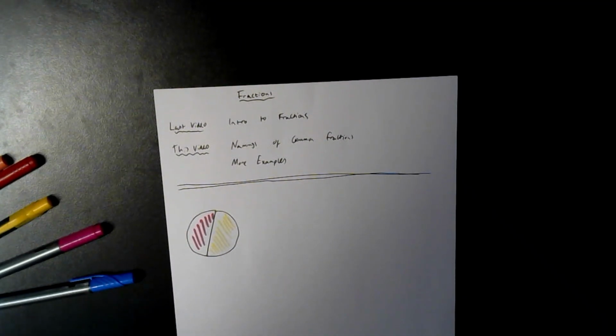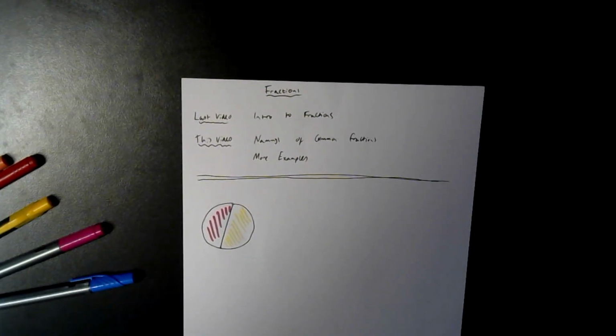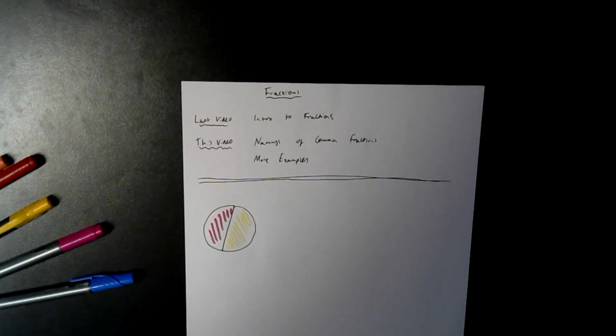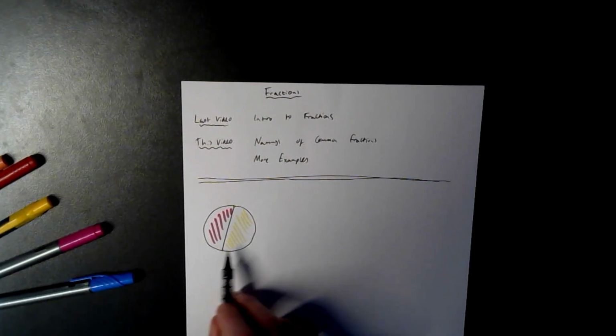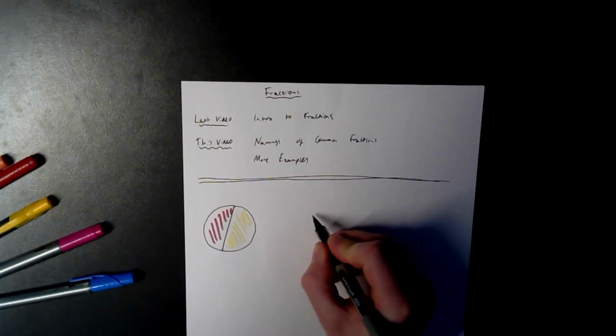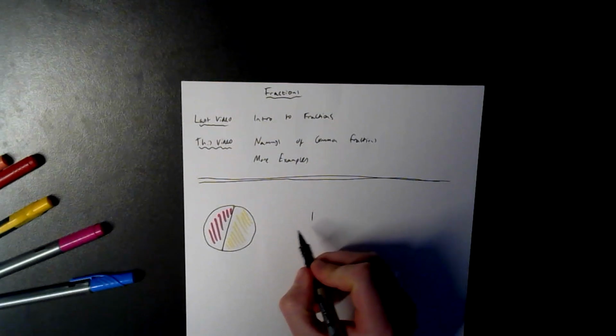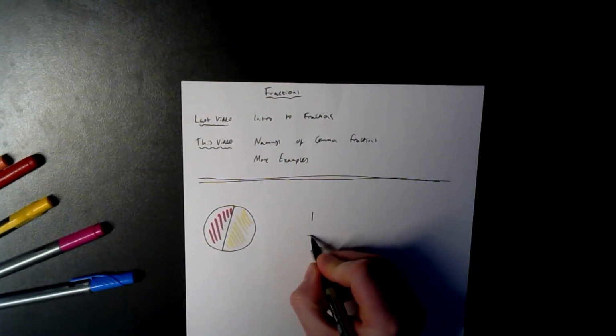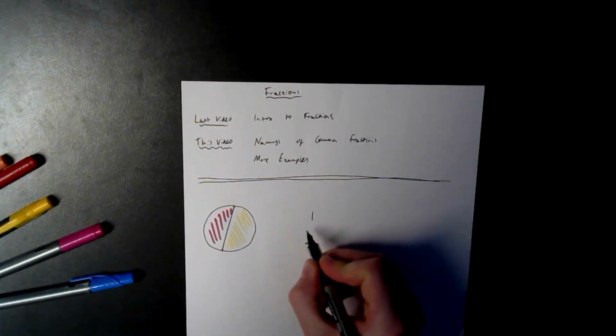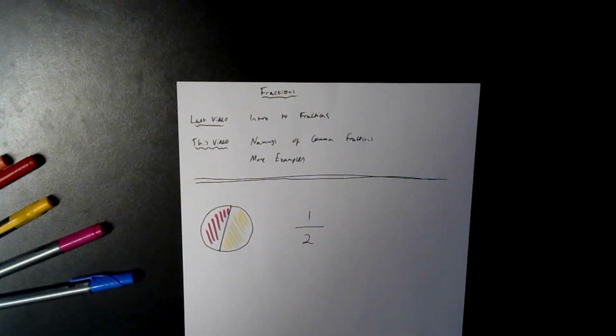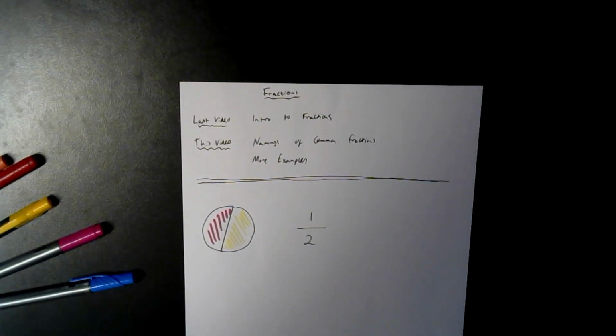The types of questions we were answering last time we were looking at fractions is how much of the whole pizza is ham? So what we did, we counted: one of the pieces is ham, and there's two pieces in total. So 1 over 2, 1 out of 2 of the pizza is ham.